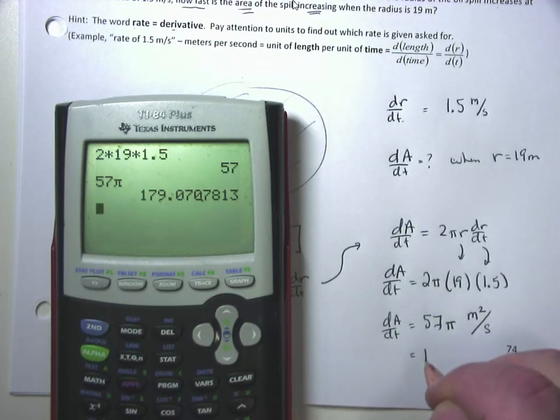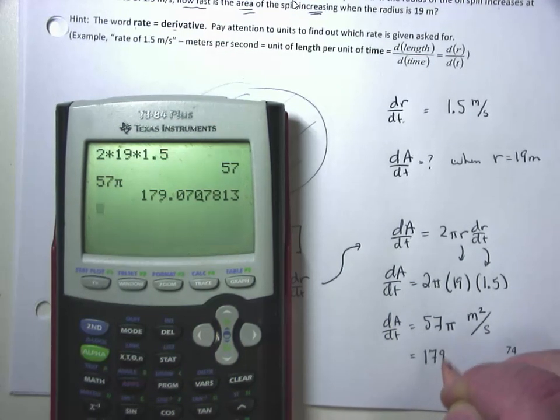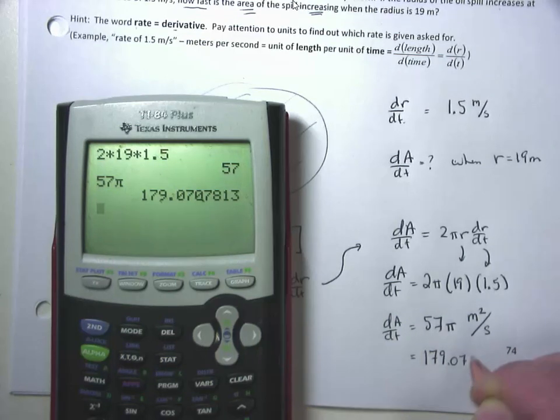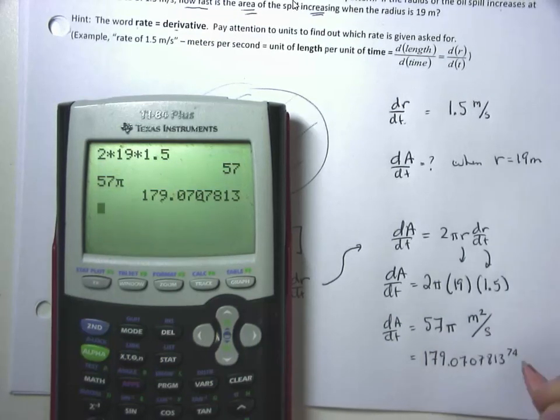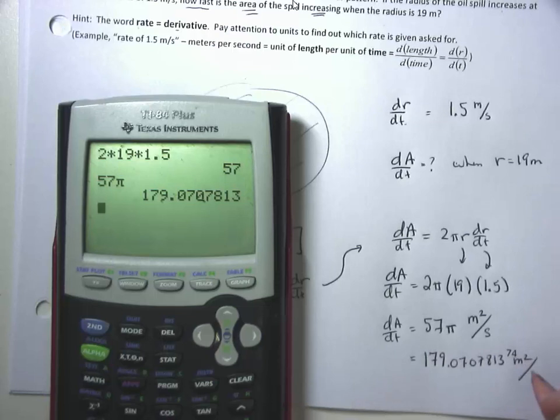It is gushing out at 179.0707813 meters squared per second. It's gushing out quite large, and it's covering a large area. Every second, you're going to have another 179 meters squared of area being covered with oil. Does that make sense? Understand the numbers behind them.